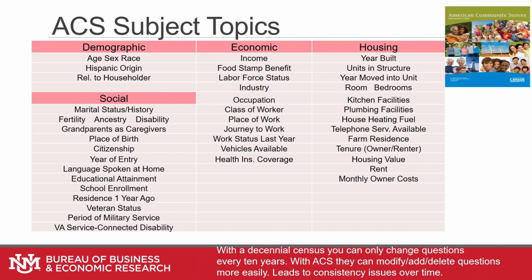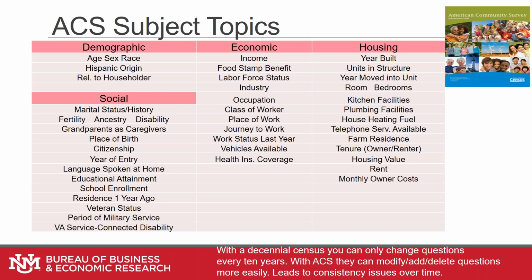You can go out onto the Census Bureau's website and their American Community Survey pages and look at the questions they ask. This slide represents a lot of the top subjects that are available from the American Community Survey. It's easier for them to add and modify questions, but over time you also need to know that if a question is changed a little bit, there may be some inconsistency if you're doing a year over year or a 5-year over 5-year comparison.